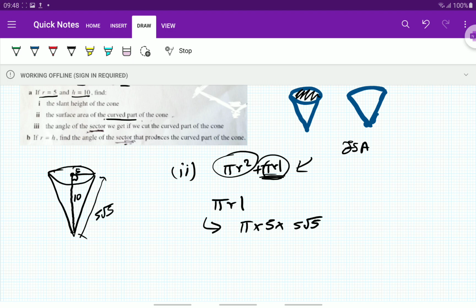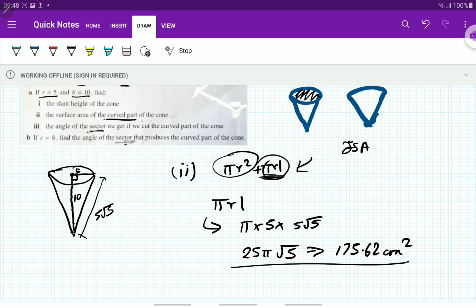It will give us almost something close to 175. Let me just double check the answer for you guys. Yes, that will give us 25 pi root 5, which is equal to 175.62 centimeters squared.